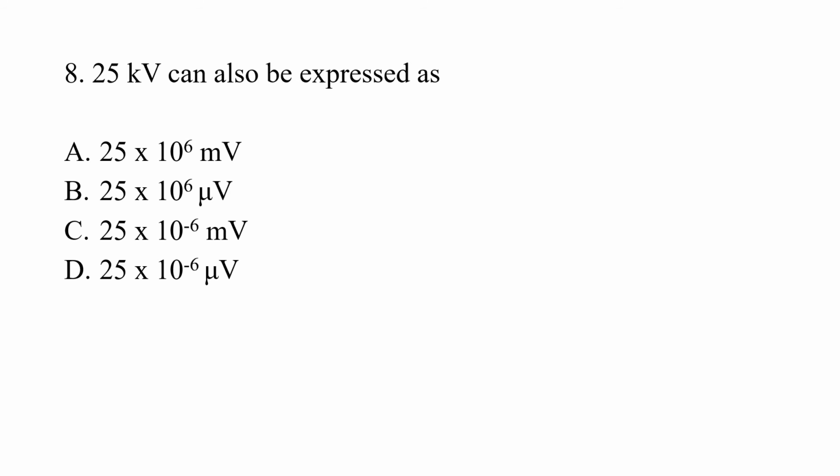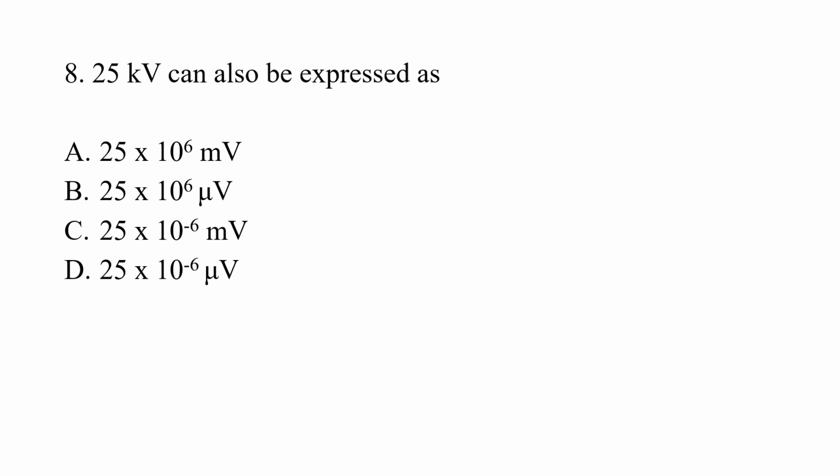Question 8. 25 kilovolts can also be expressed as. Okay, so first we need to change 25 kilovolts to volts. So that would be 25,000 volts. However, the answer is required in millivolts or microvolts.